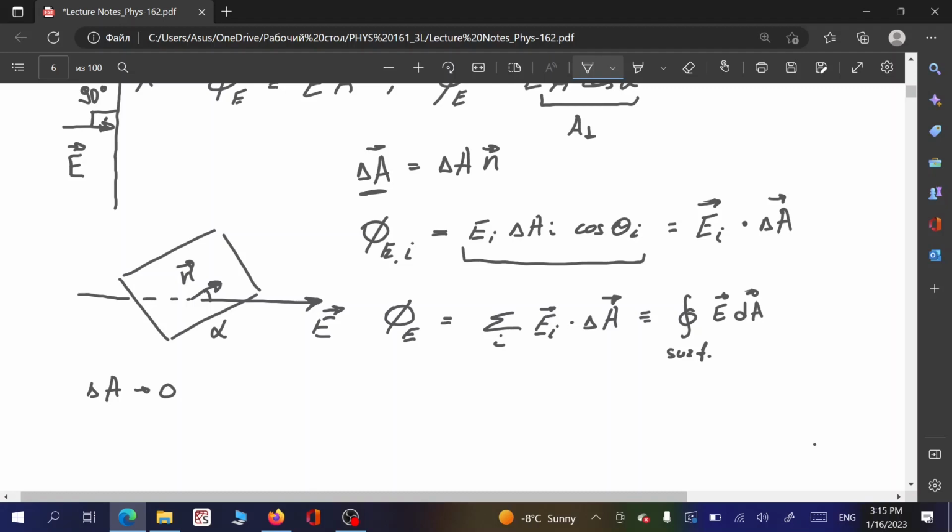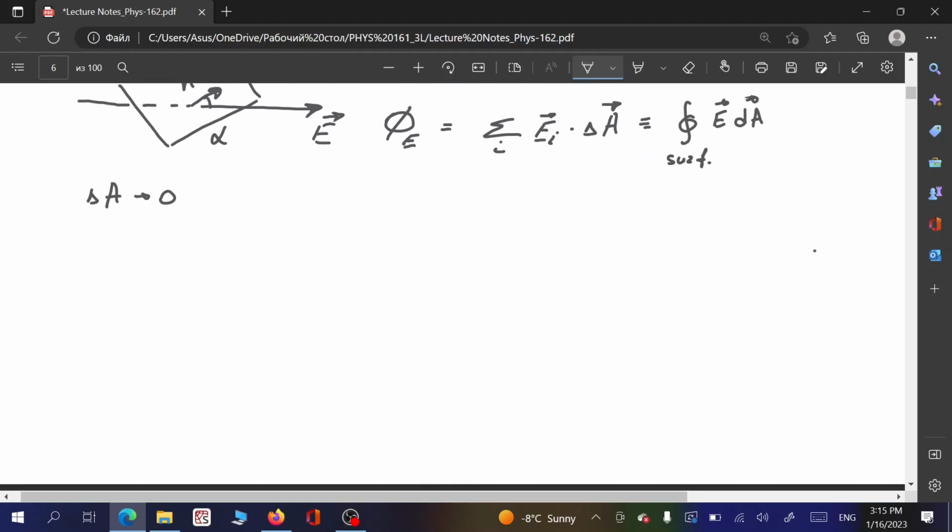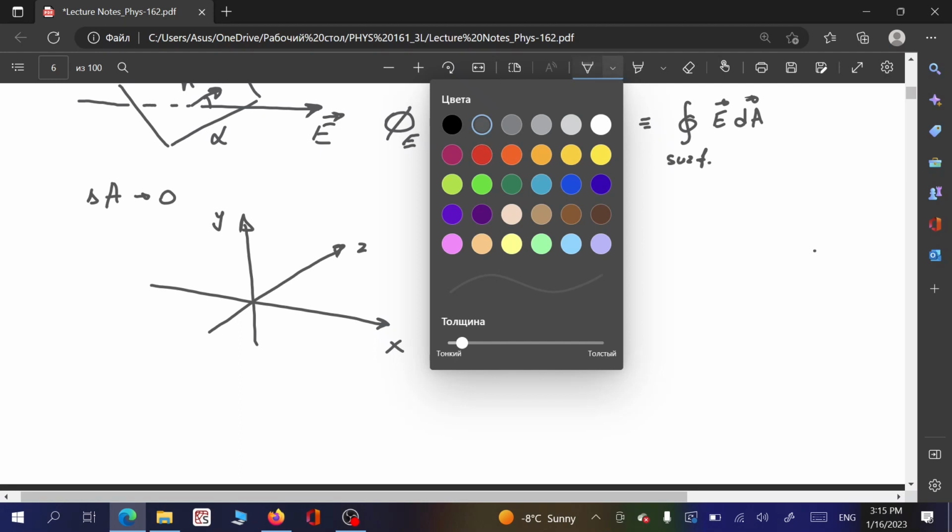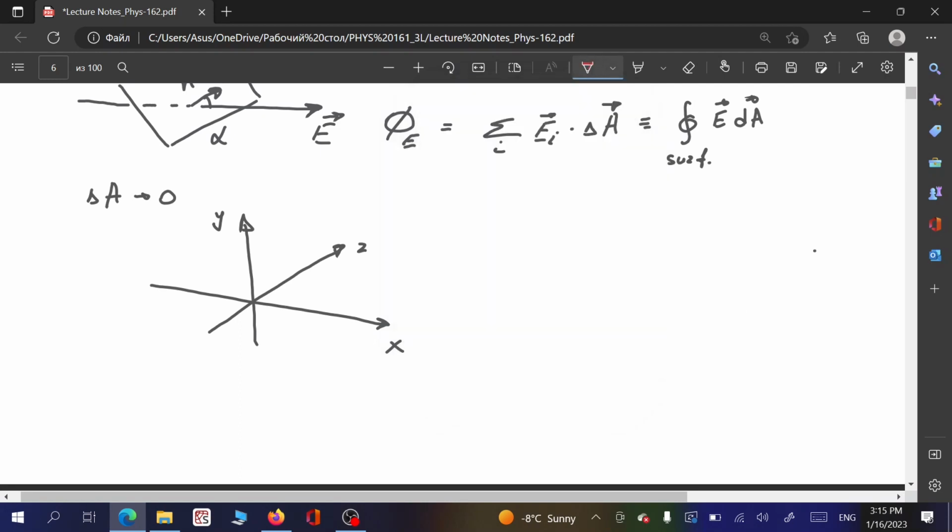So let us consider a simple example when we have a closed surface in the form of a cylinder. So we have a system of coordinates. So this will be x, y, and z. And let us change the color maybe.